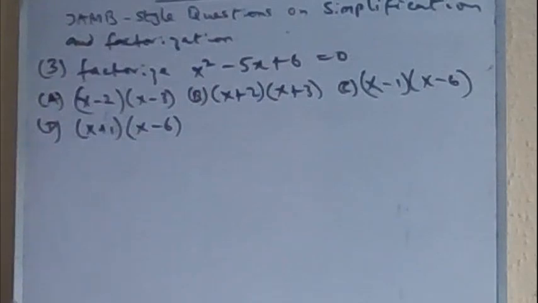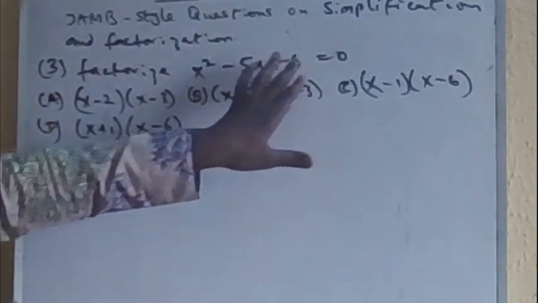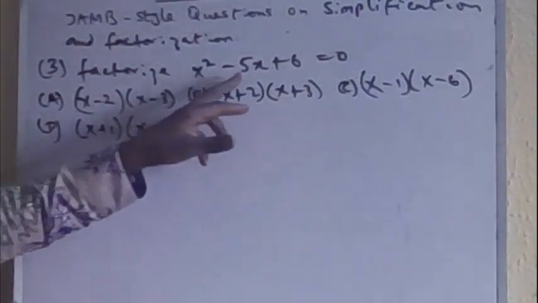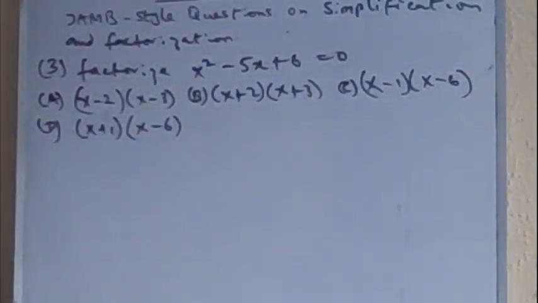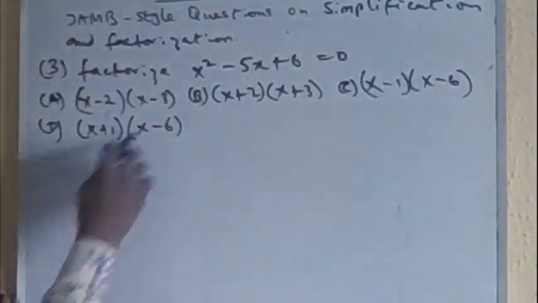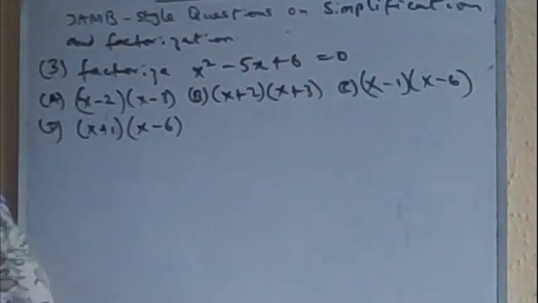So we have on the board, factorize. This is a quadratic equation. Factorize this: x squared minus 5x plus 6 is equal to 0. We'll look for two numbers that, when we multiply, we get this. The first thing we'll do is multiply the coefficient of x squared and the constant term.